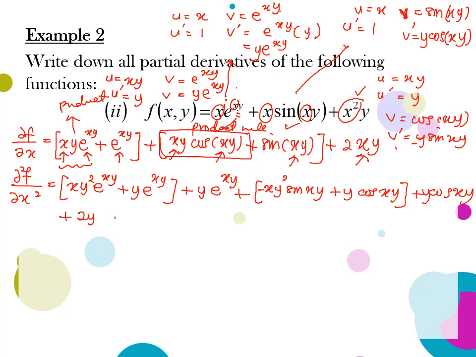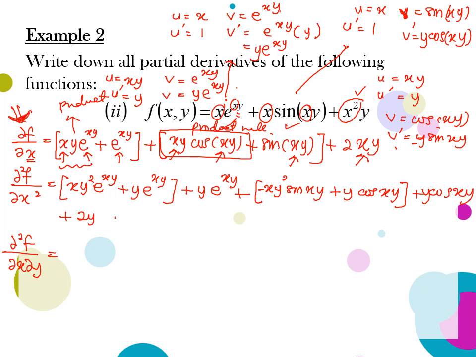Right. Okay, if you want to do it for the mixed derivative, it will become del squared f del x del y, because first we perform for x, now we are interested to perform for y. Okay, so by looking at the same function here, now you are interested in y.